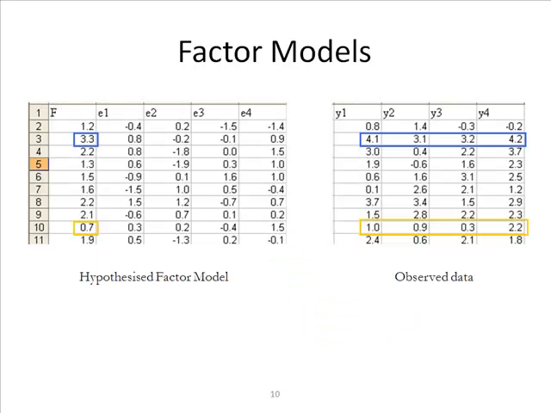Say we've got the first factor score here, and it's got an error term for the first variable of minus 0.4. So 1.2 plus minus 0.4 gives you the observed characteristic of 0.8 for the first indicator. Similarly, 1.2 plus 0.2 gives you 1.4 for the second indicator.